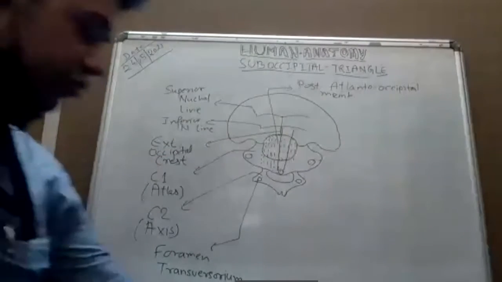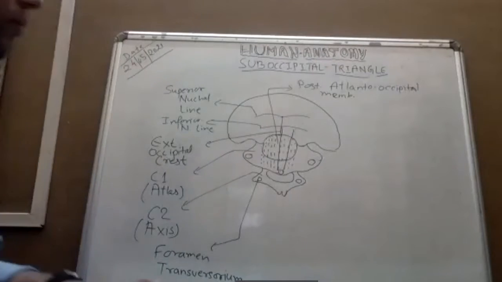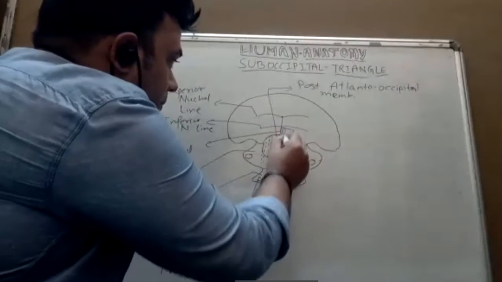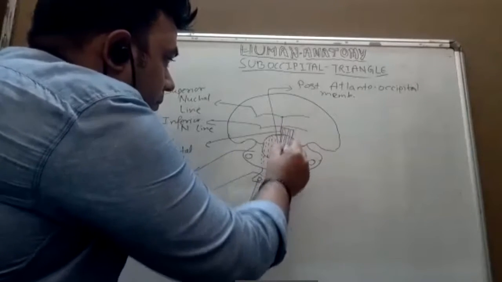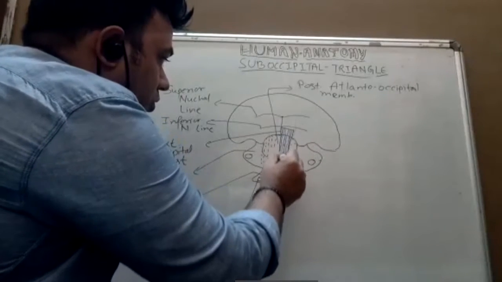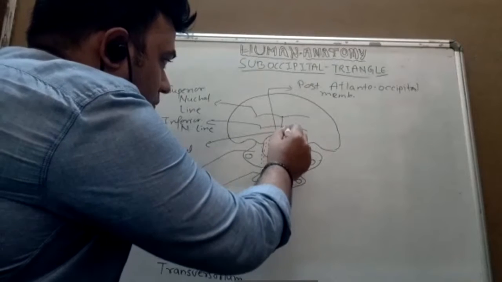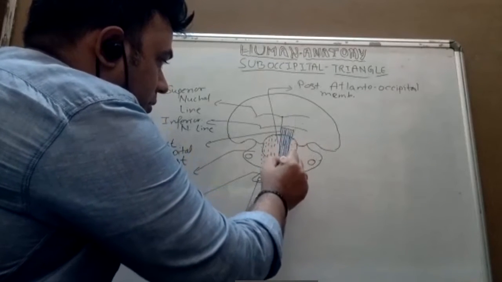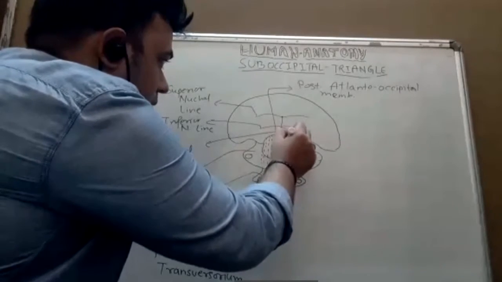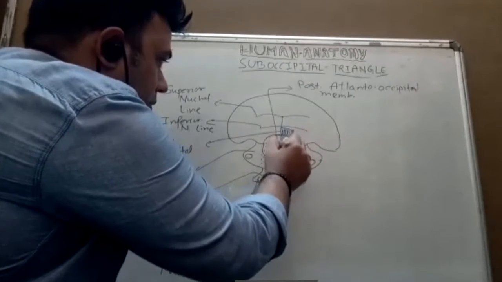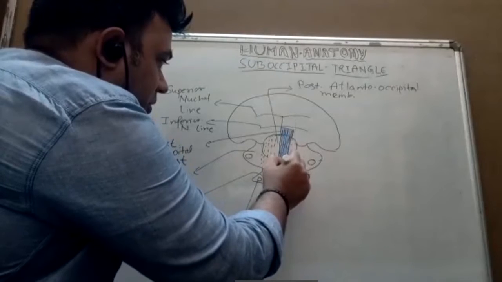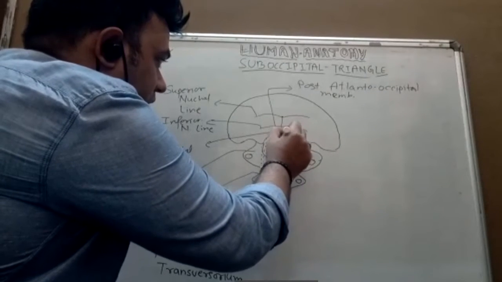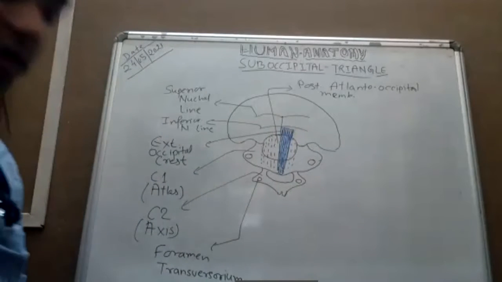Now I will give a blue shade to this muscle. I will give a blue shade to all the muscles, okay, so that you can differentiate. So this is which muscle? This is the rectus capitis posterior minor.